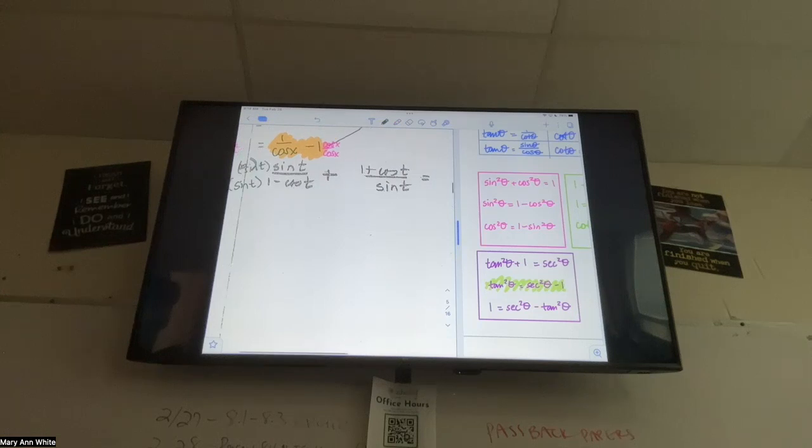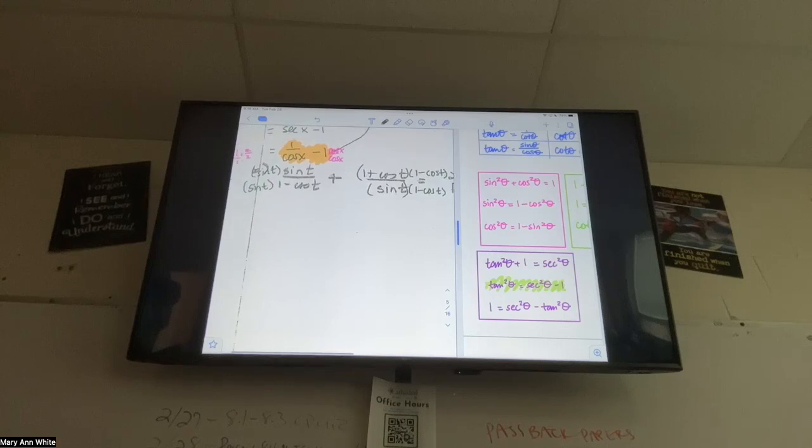Multiply by sine t on top and bottom, and I'm gonna multiply by 1 minus cosine t on top and bottom of my second fraction. When I do this, I'm gonna distribute on top, but I'm not gonna distribute on bottom until I know that I have to. I want my numerators multiplied out, but I do not want my denominators to be yet.